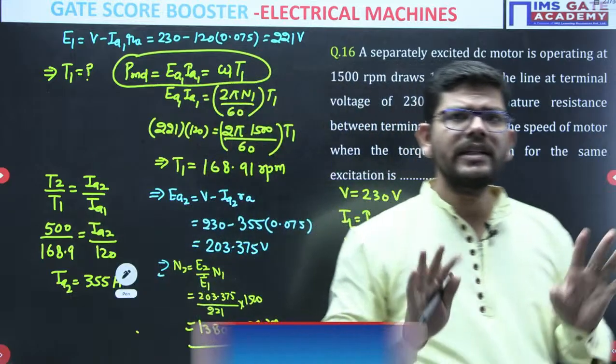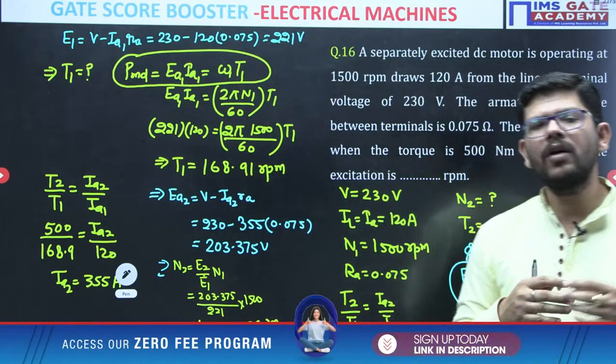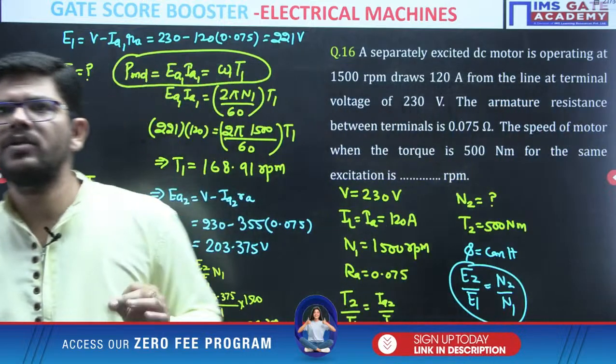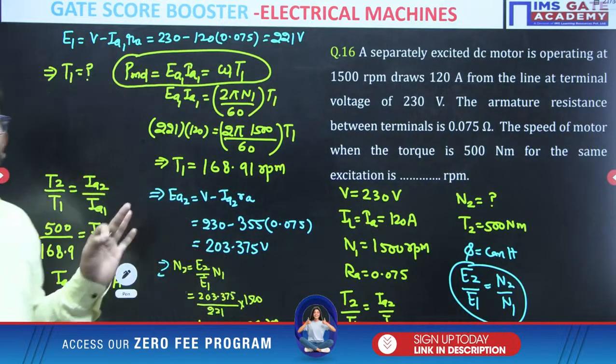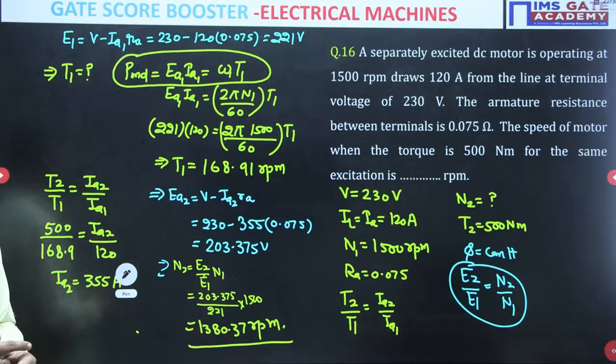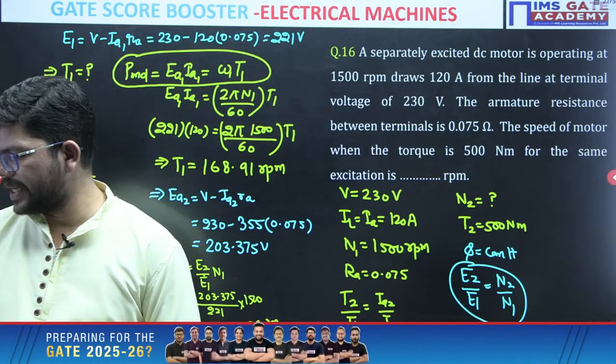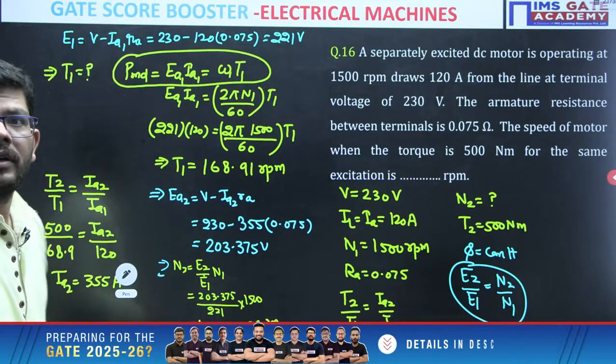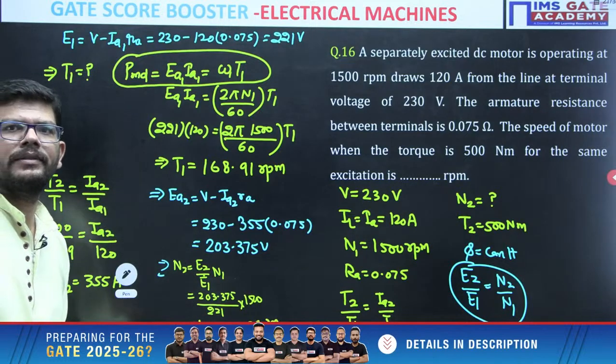This is the sequence that we will follow in all the questions of DC machine. Most of the questions will be solved through this only. So I hope it is clear. Shall we move to the next question? Anybody having any problem in this question? Is that clear, guys?